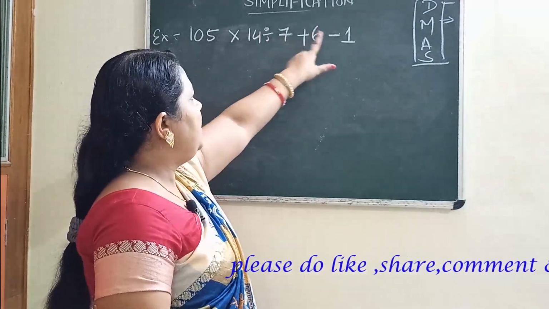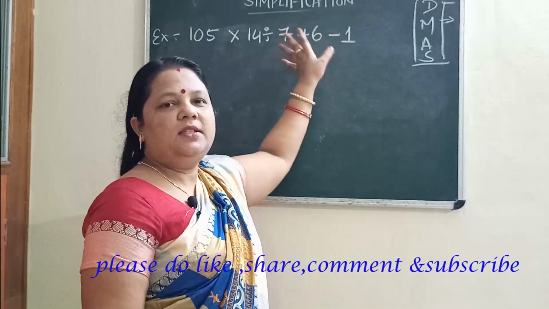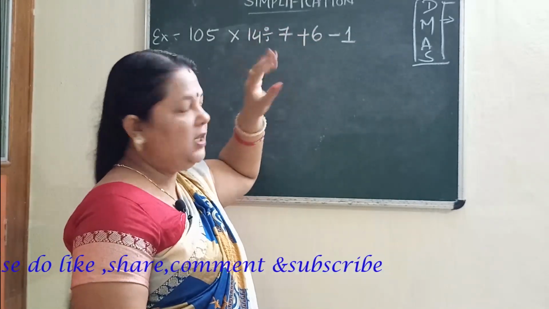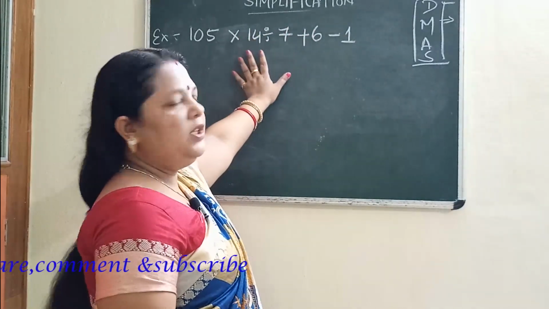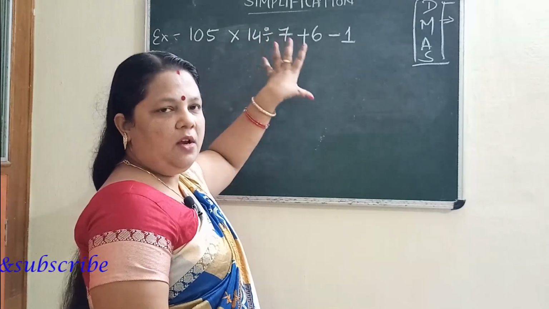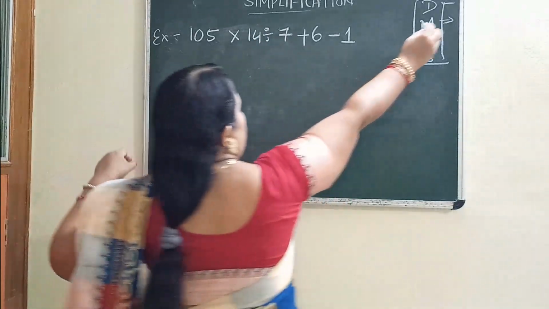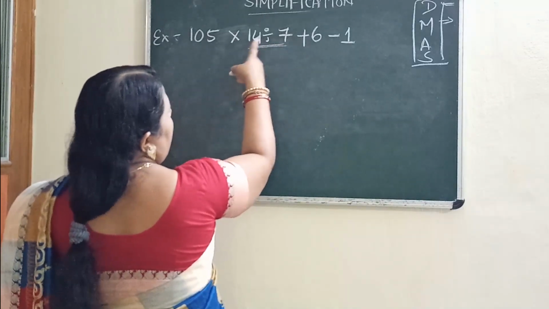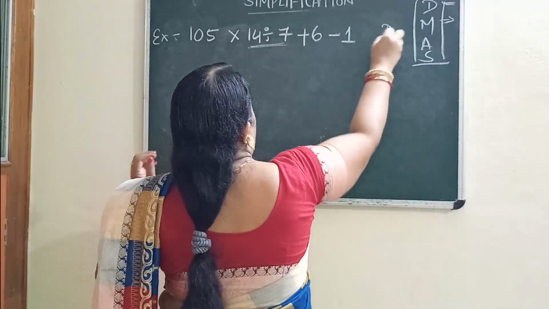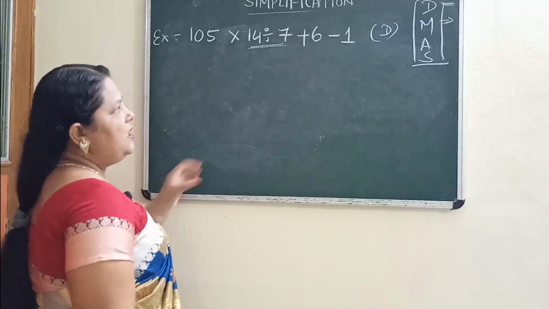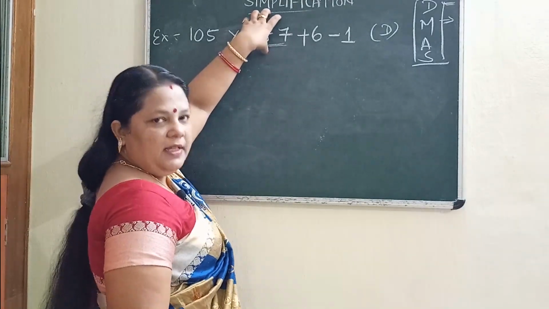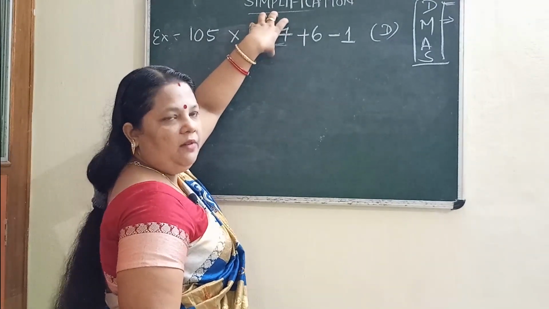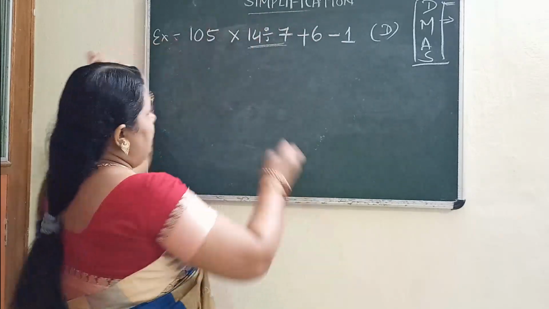Multiplication, division, addition, subtraction, all the operations we are using in this problem. Okay, so we have to follow according to rule, systematically we have to solve it. So first operation according to rule is division. So here 14 divided by 7. We are going to solve this division only. Rest all you will write as it is.